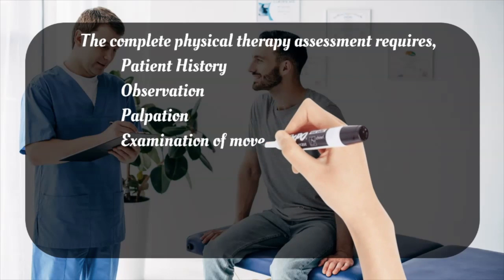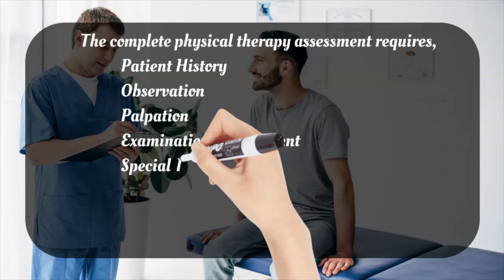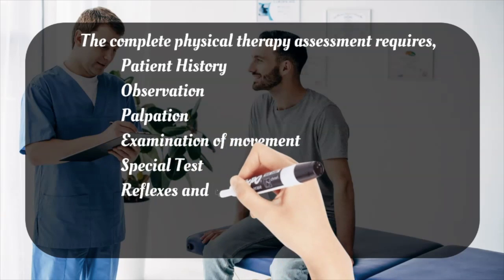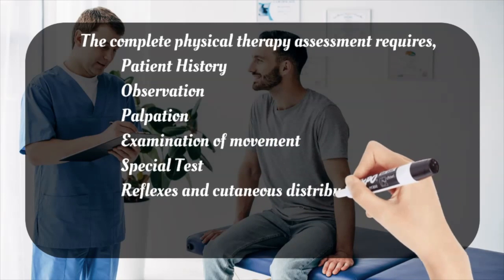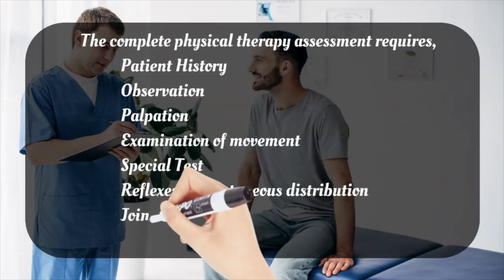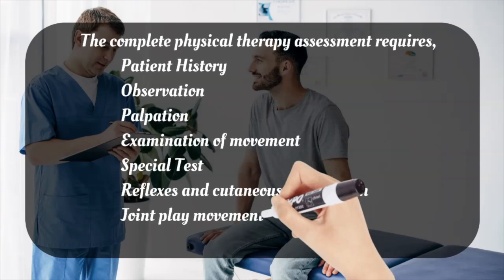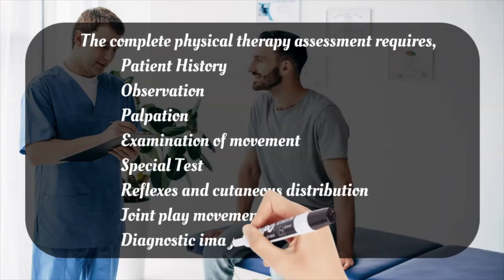Then come special tests, the tests of provocation to confirm the diagnosis, the examination of reflexes and cutaneous distribution, joint play movement, and the last one is diagnostic imaging, including all laboratory test reports, X-ray, MRI, CT scan and ultrasonography reports.